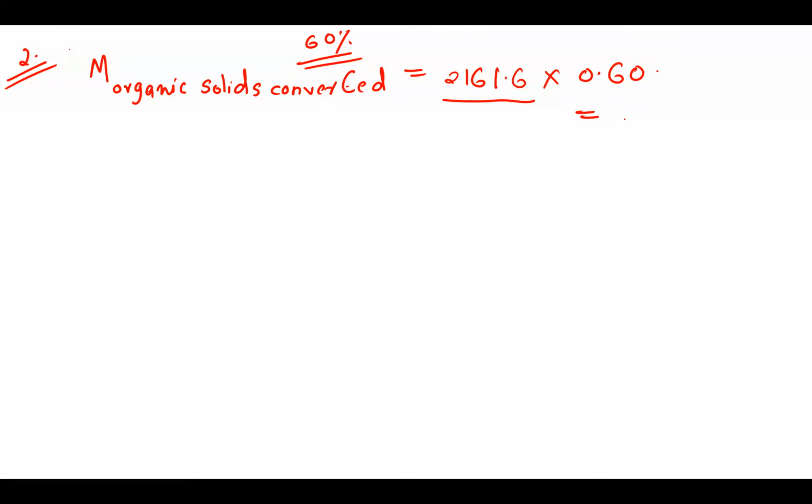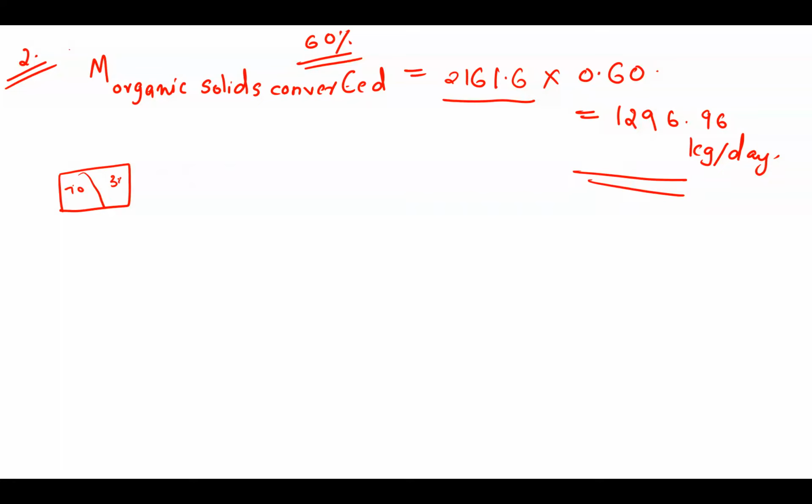So the value is 1296.96 kg per day. We had the system with 70 percentage organic, 30 percentage inorganic, organic was 2161.6 kg per day, and from this 60 percentage, we have calculated 1296.96 kg per day.